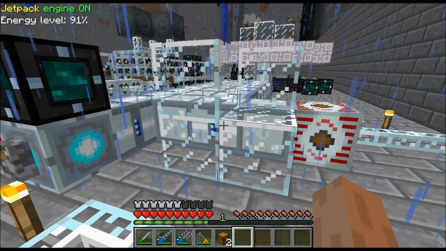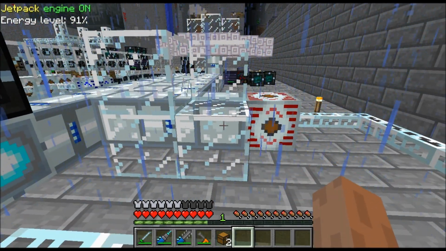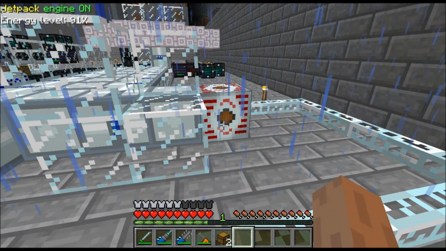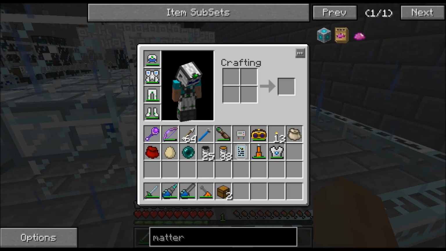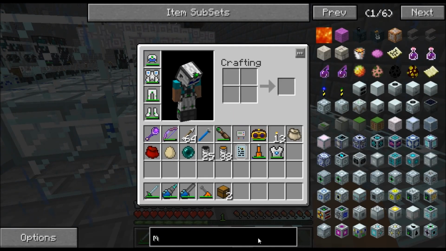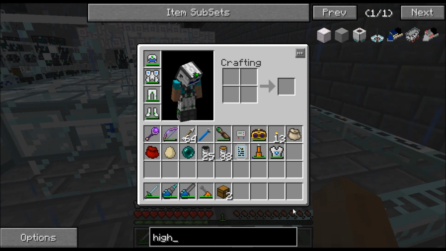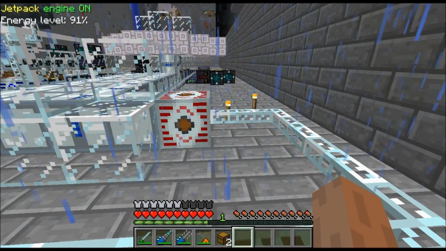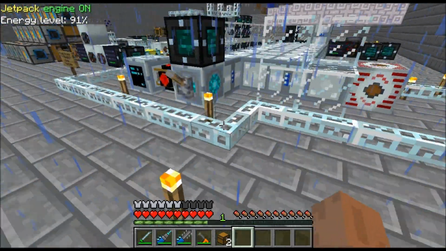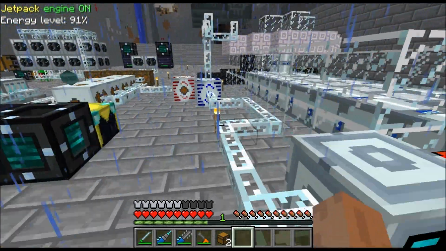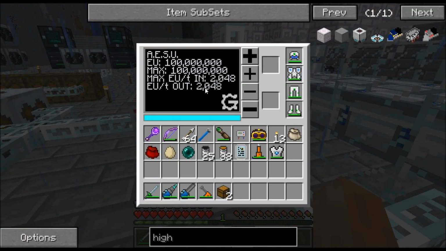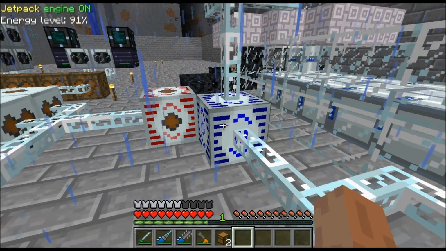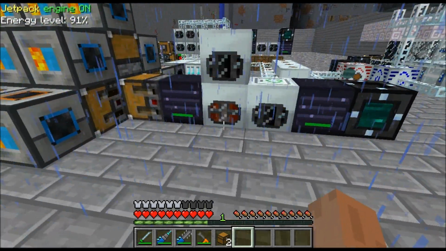So it goes 1 million EU, 8,192 EU, 2,000 high voltage. I think it's 2,000 something. Oh crap, I can't remember. 2,000, which then pulls it out and puts it back into my AESU. It's 2048 EU.